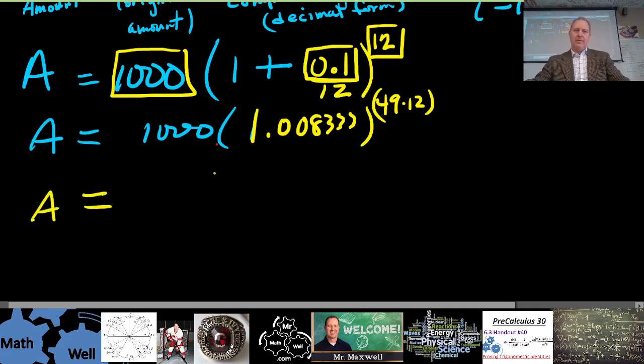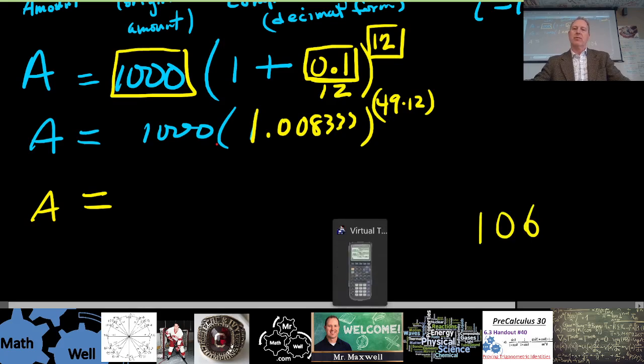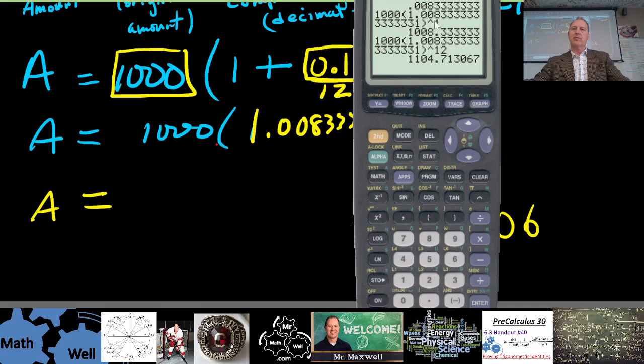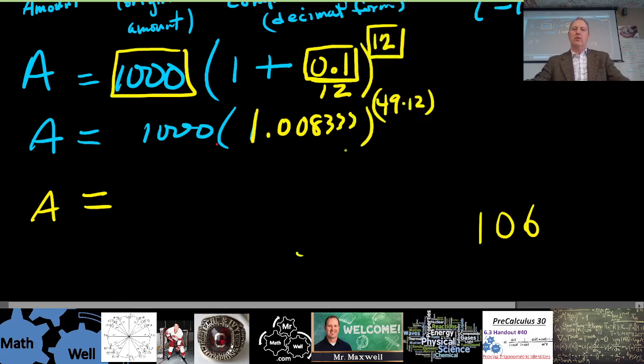Whoa, hang on. $1,000 compounded monthly for 49 years. Remember the old number was 106,000, I think it was? Yeah. Wasn't it? It should be up on the calculator still. Oh, maybe not. And so what is this one? What is it? 588. Sorry, to the power of 588 is what 49 times 12 is.